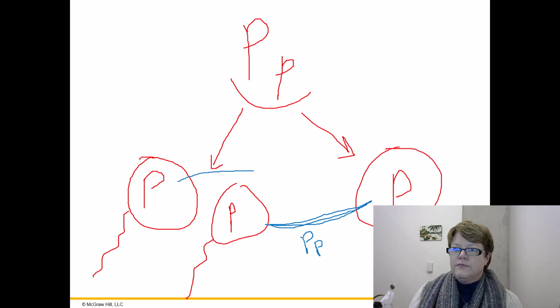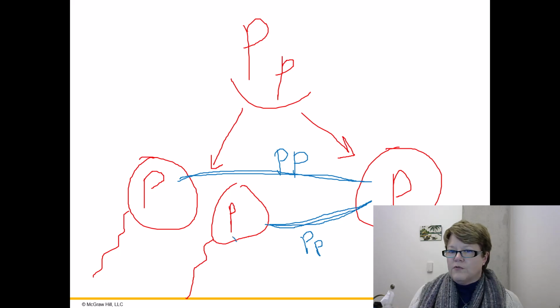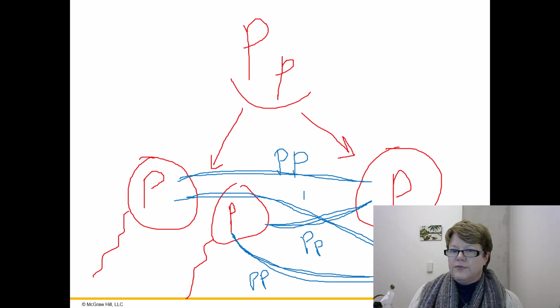If this sperm meets up with this egg, then the offspring will be big P, big P. If this sperm, or one like it, of course it can't be the exact same one, but one just like it, meets up with this egg, then you'll get a little p, little p zygote. And if this sperm meets up with this egg, or one just like it, it'll give you a big P, little p zygote. And so these are all the combinations.